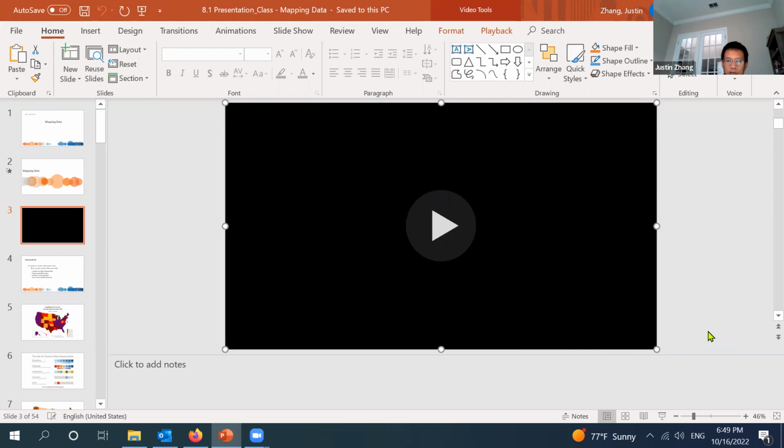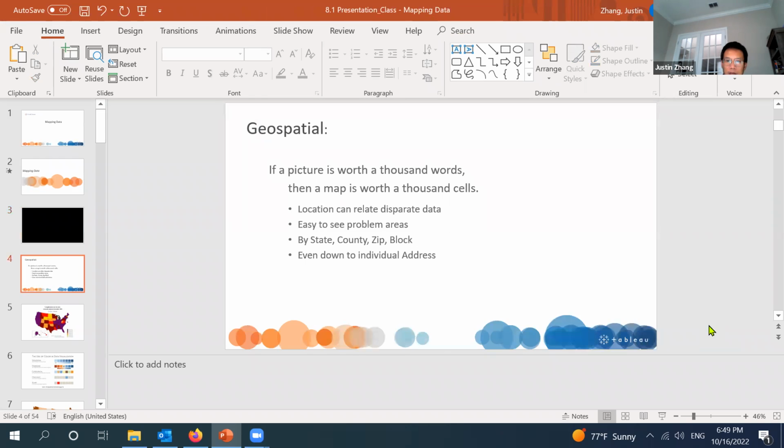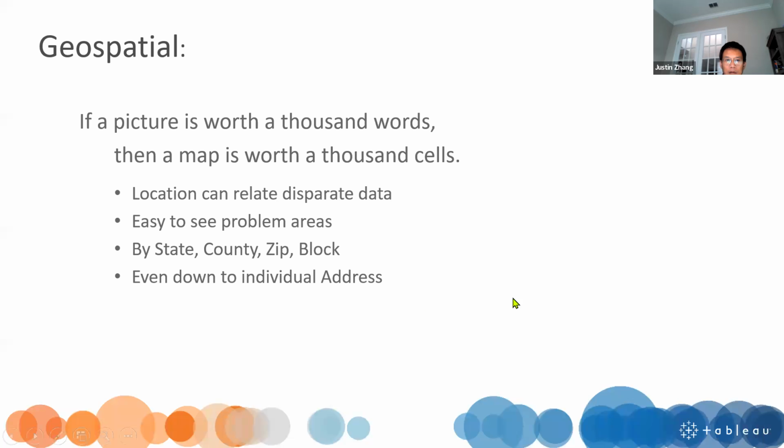So we can see this guy is pretty enthusiastic about maps. But actually, maps is a very, very important tool in data visualization. So we also said if the picture is worth 1,000 words, then the map is worth 1,000 cells.